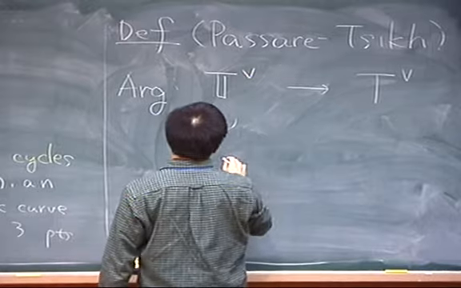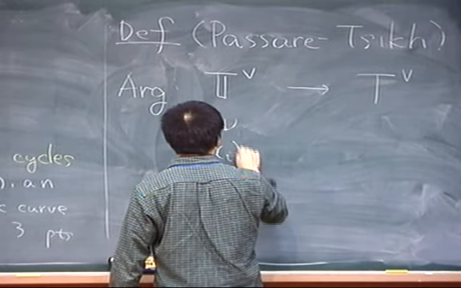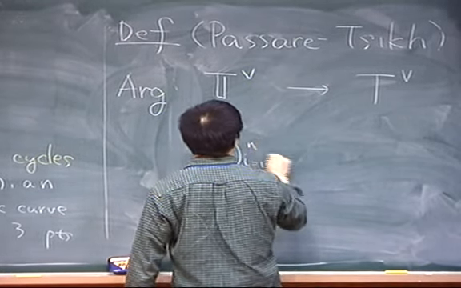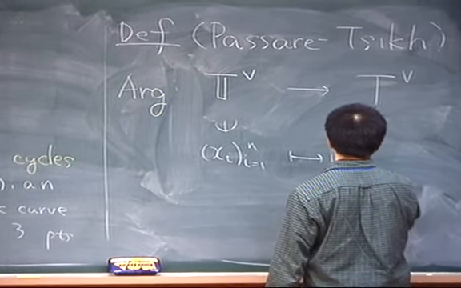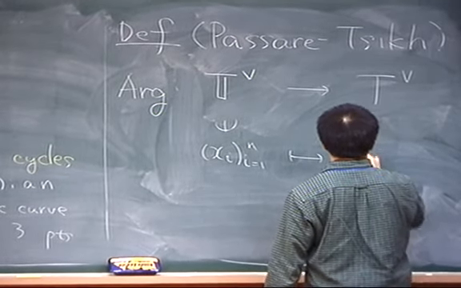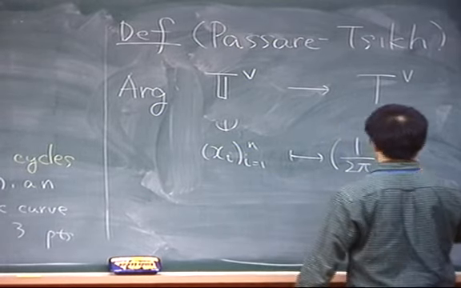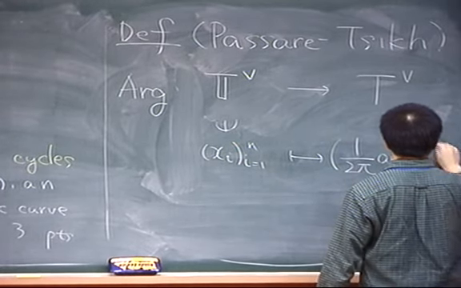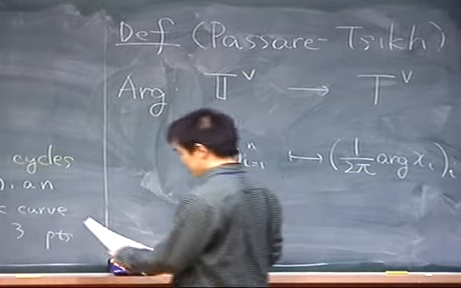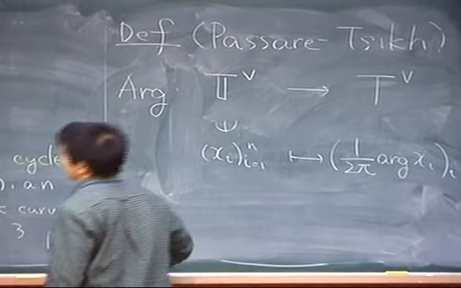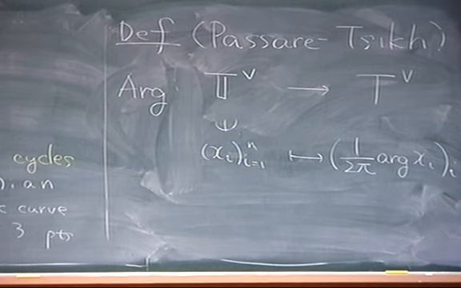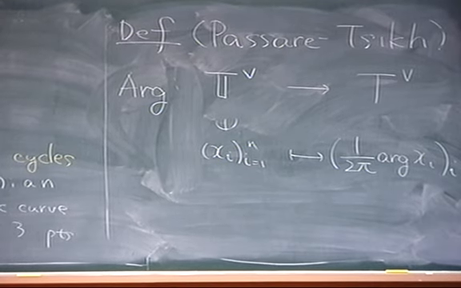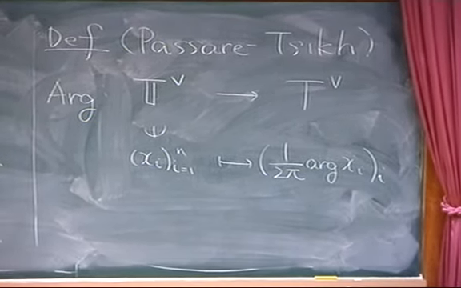It's just the argument map. And the coamoeba is just the image of a subvariety of a torus by the argument map.